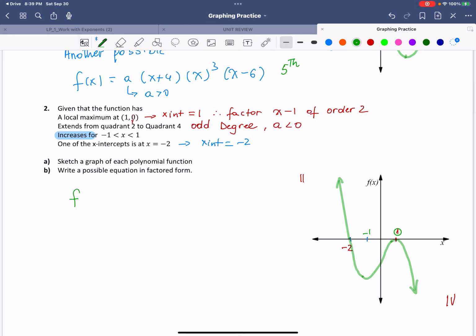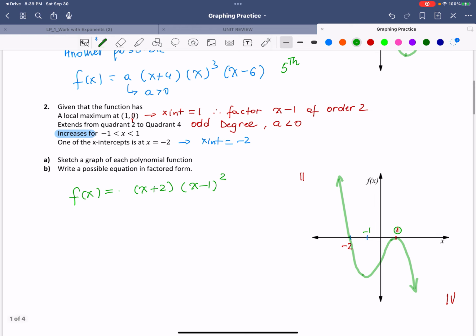We're going to say that the function f of x will have a factor of x plus 2, another factor of x minus 1 to the power of 2, and we know for sure that the leading coefficient will be a negative number. As I was mentioning before, we have other possibilities as well.